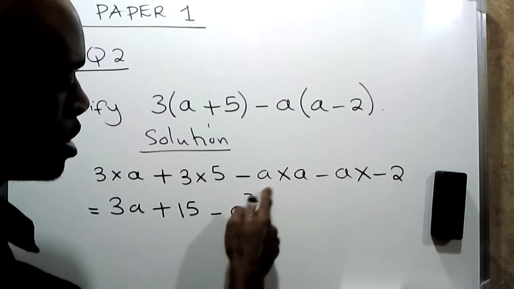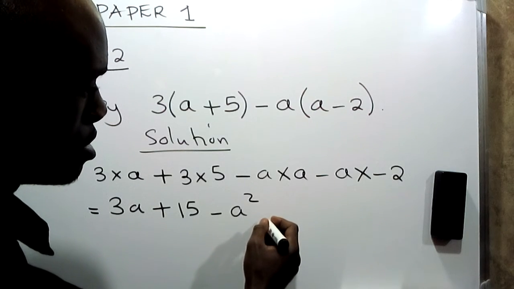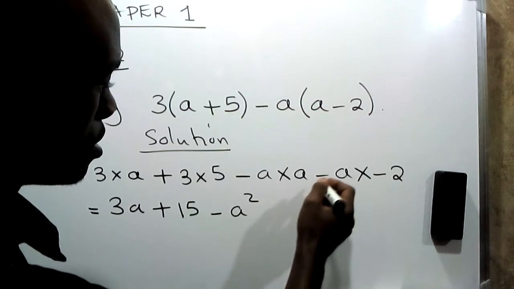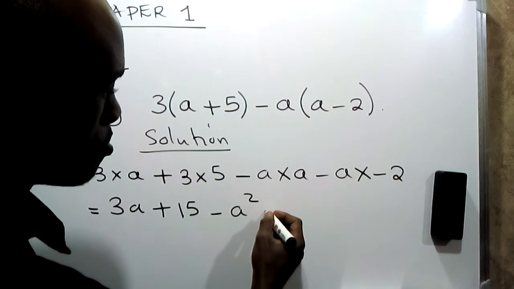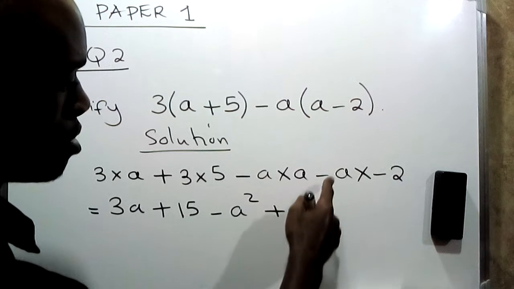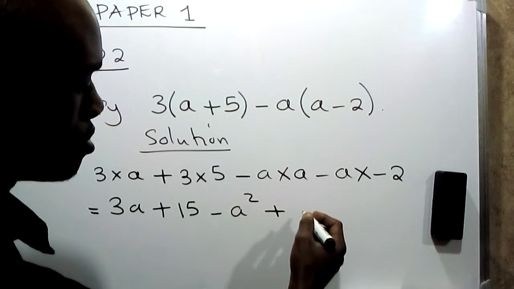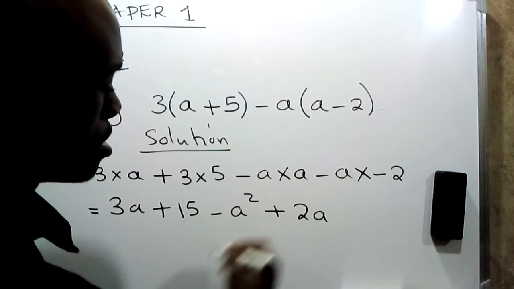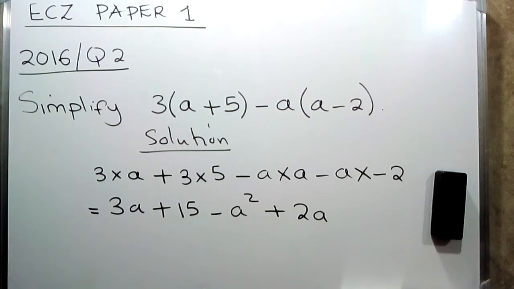Okay, so negative a times a, it will be a squared, and negative a times negative 2 is going to be positive, because each time when you're multiplying two negative numbers, the sign changes to positive, so it will be 2a, positive 2a.